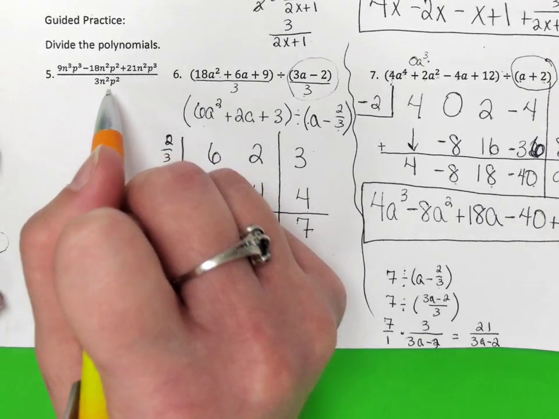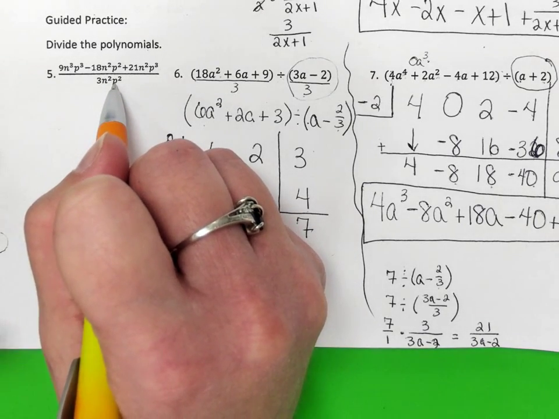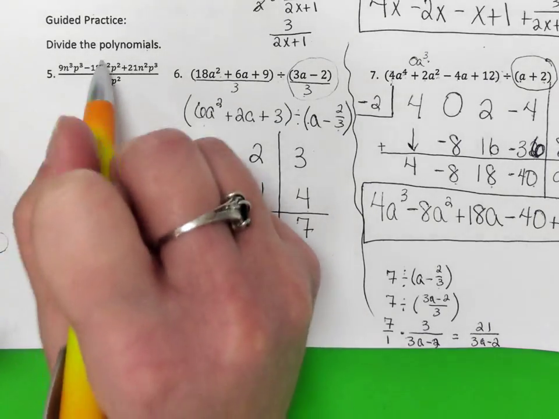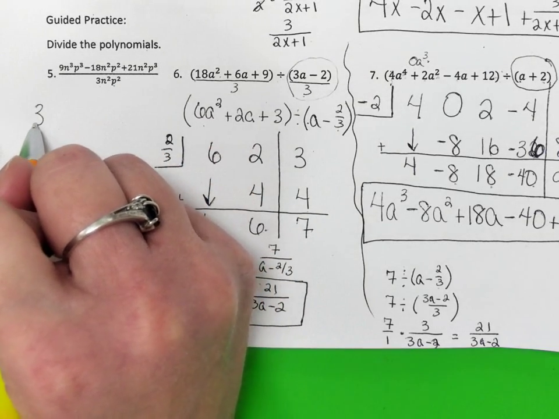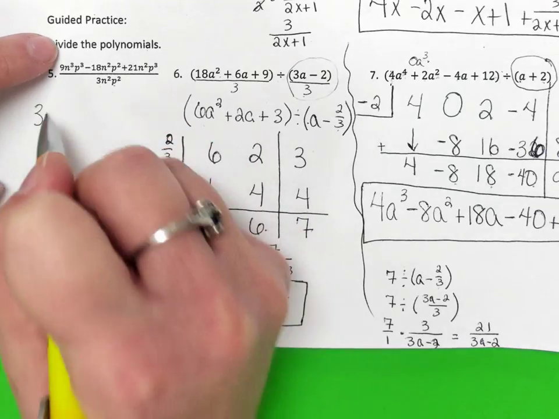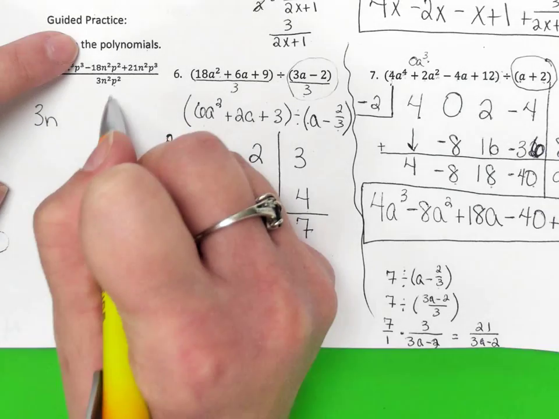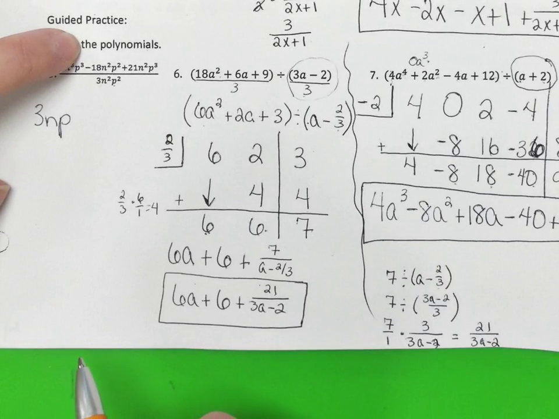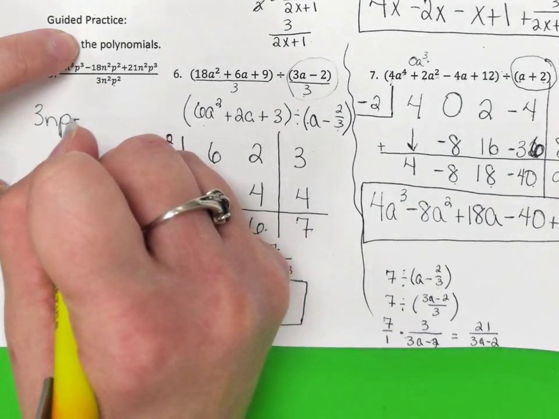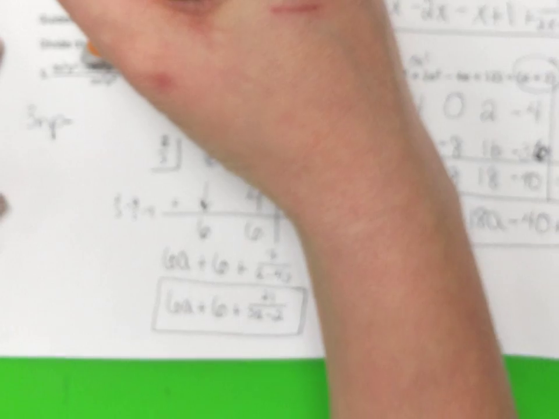All right, here we go. So, number 5 is a monomial on the bottom, right? So you can just divide it between all 3 of them. What's 9 divided by 3? 3. N to the 3rd and n squared would just be n. P to the 3rd and p squared would just be p, right? All right, then I'm going to take a minus sign. Where I get a minus is right here in the problem.